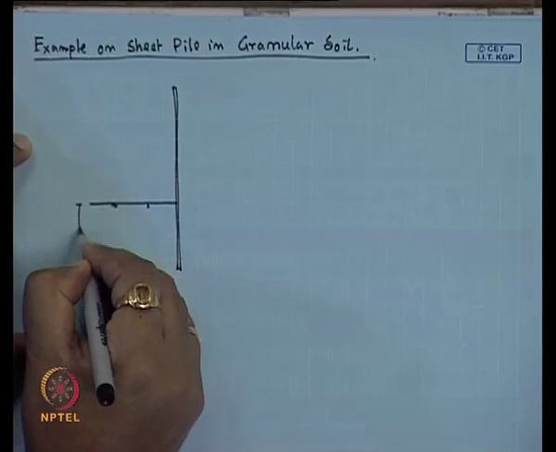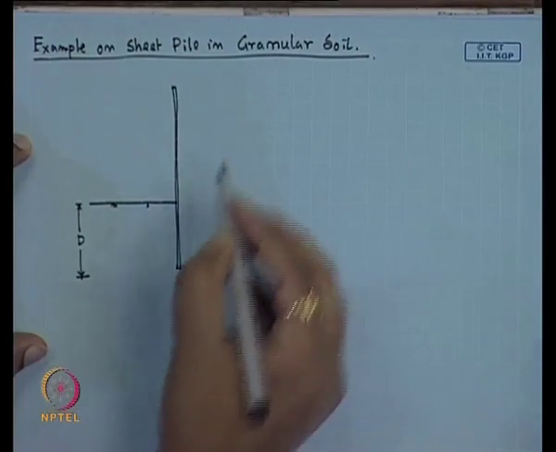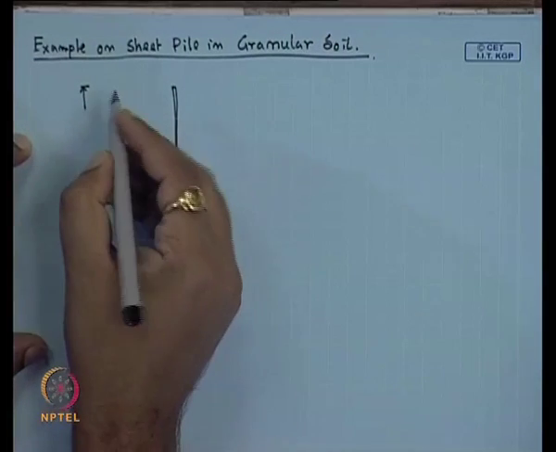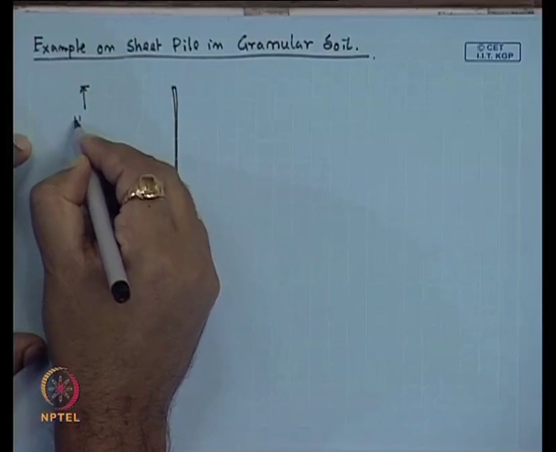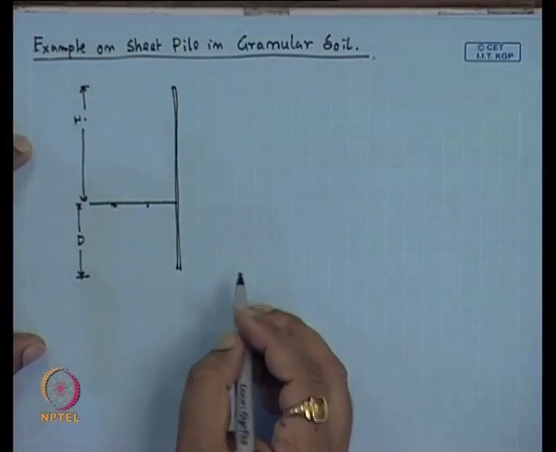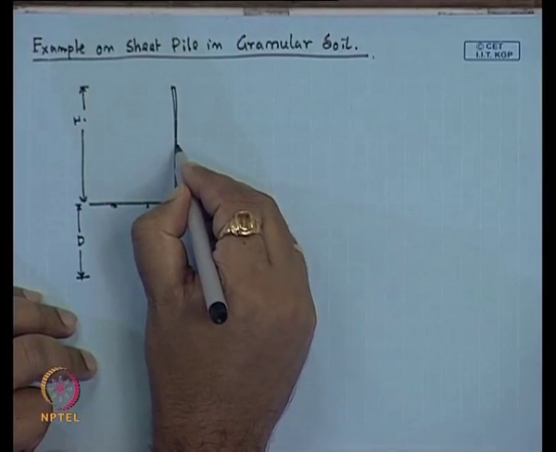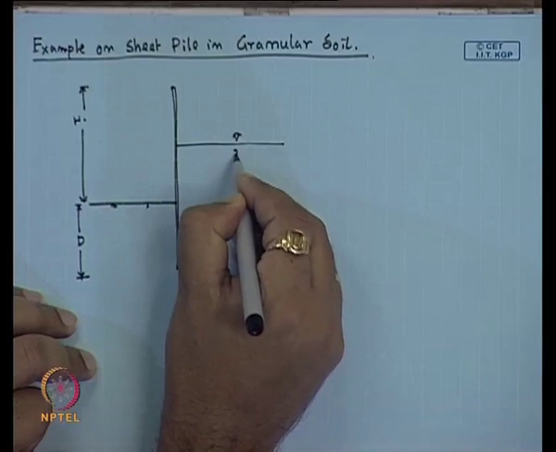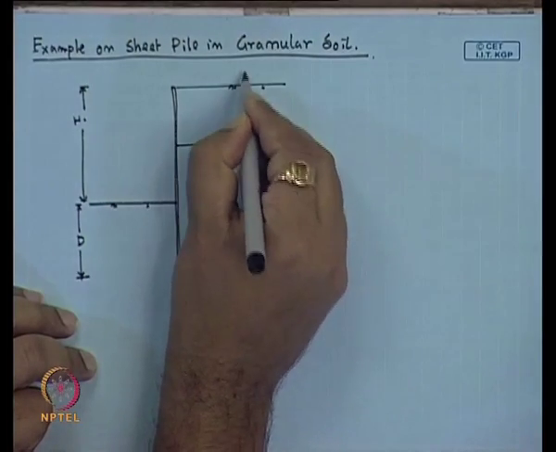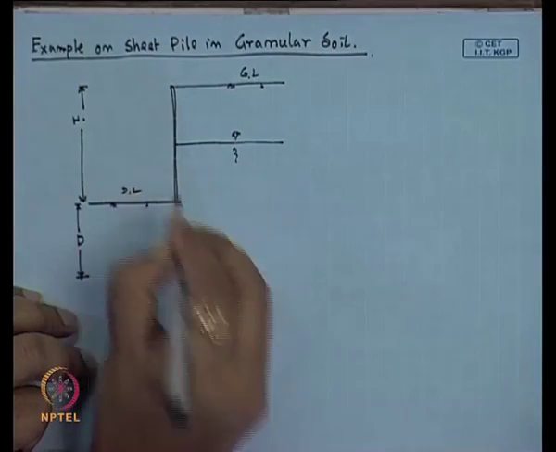So, this will be the required depth of the sheet pile, and this is the height h of the sheet pile above the dredge level. Now, we have considered the location of the water table, and this is the ground level and this is the dredge level.